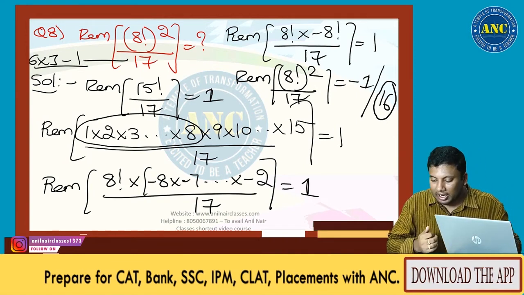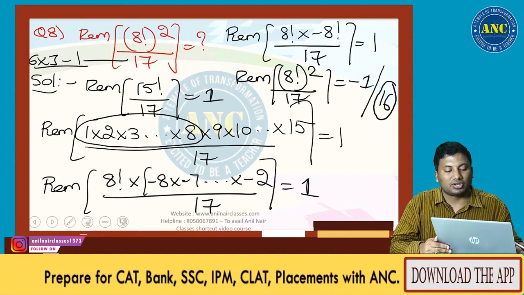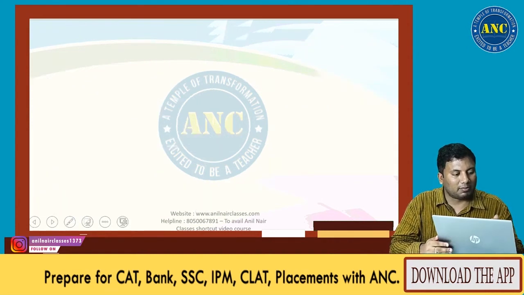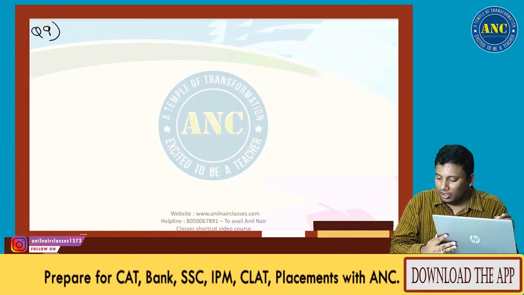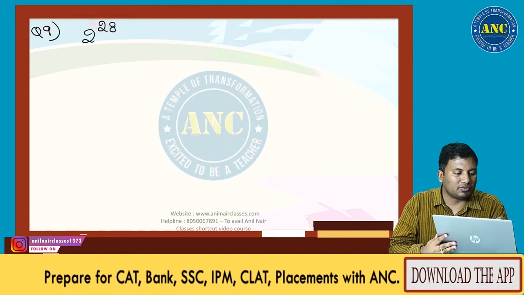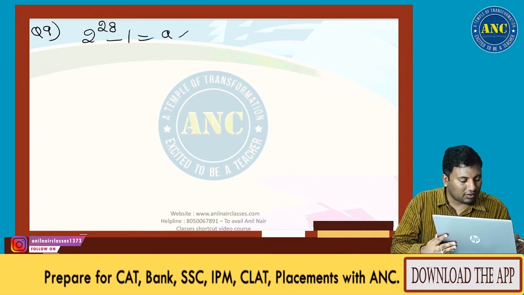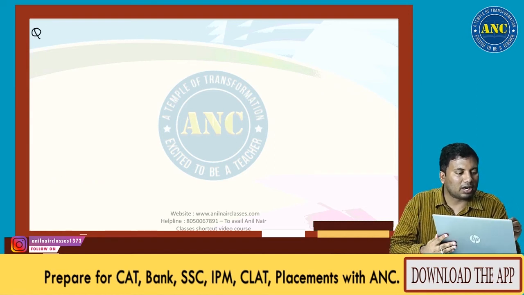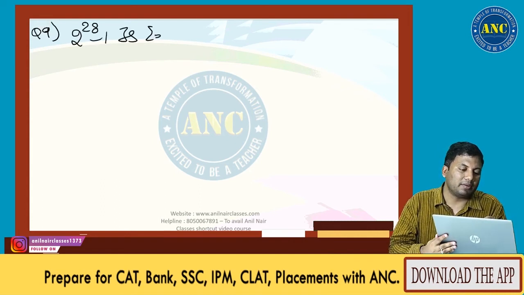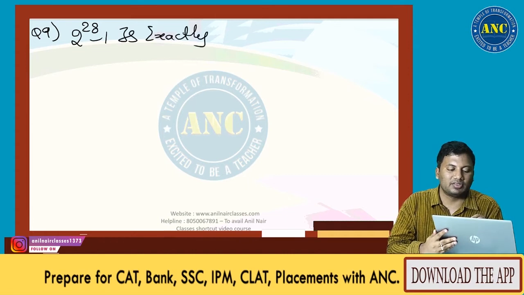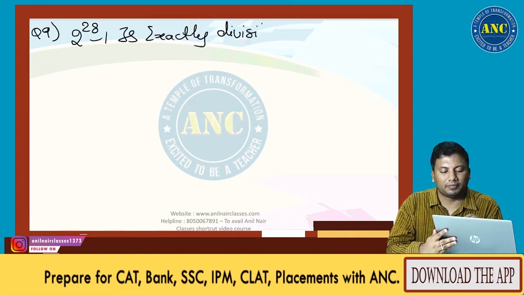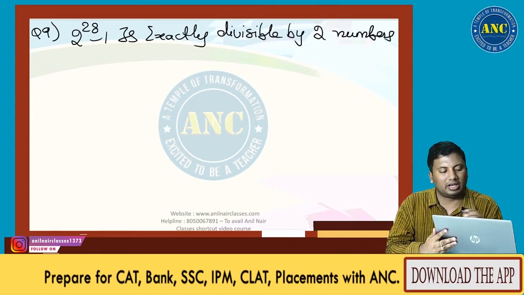Question number 9. Please write down. 2 power 28 minus 1 is exactly divisible by two numbers between 120 and 130.